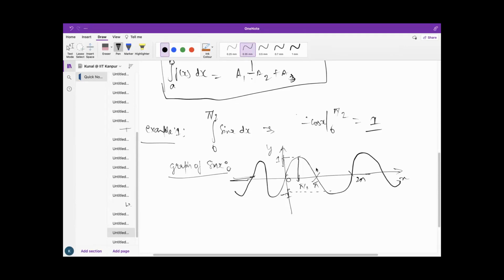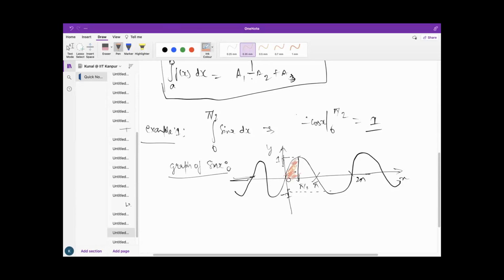Okay, so we have to find the area from 0 to pi by 2. Let me choose some other color. Okay. So we have to find this area actually.